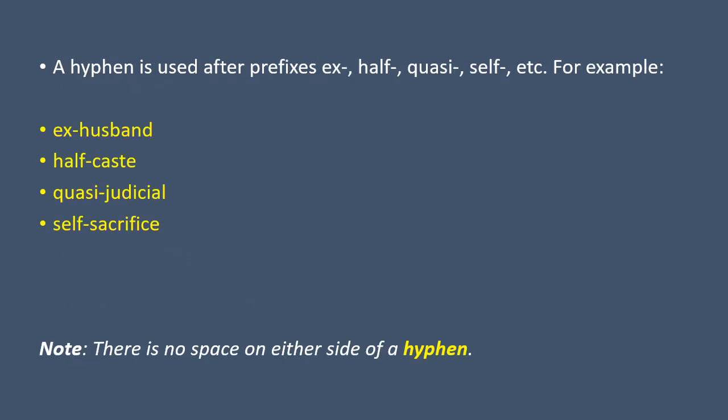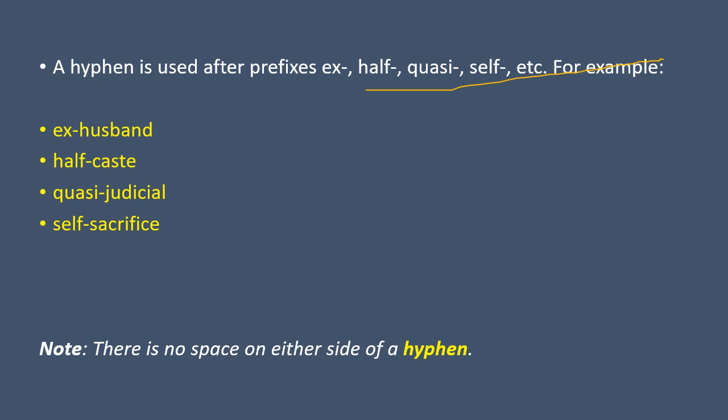A hyphen is used after prefixes ex, half, quasi, self, etc. For example, ex-husband, half-caste, quasi-judicial, and self-sacrifice. So this is a very simple, straightforward rule that if you have these words and you want to join them with other words, so ex-husband could be ex-wife, ex-girlfriend, ex-boyfriend.